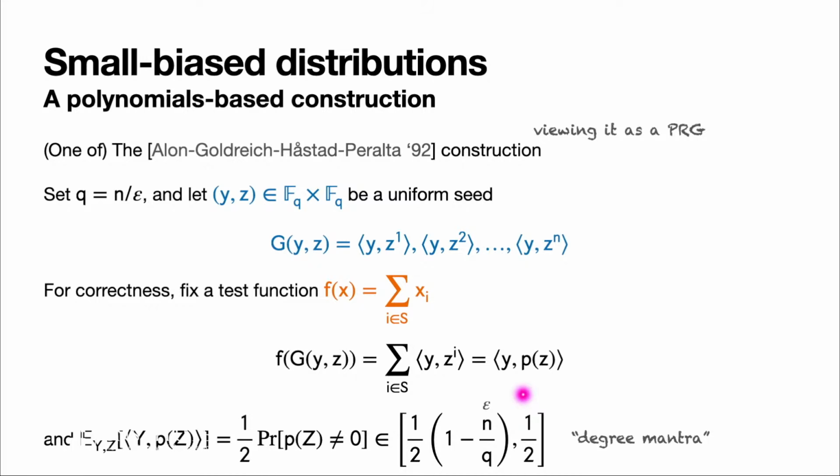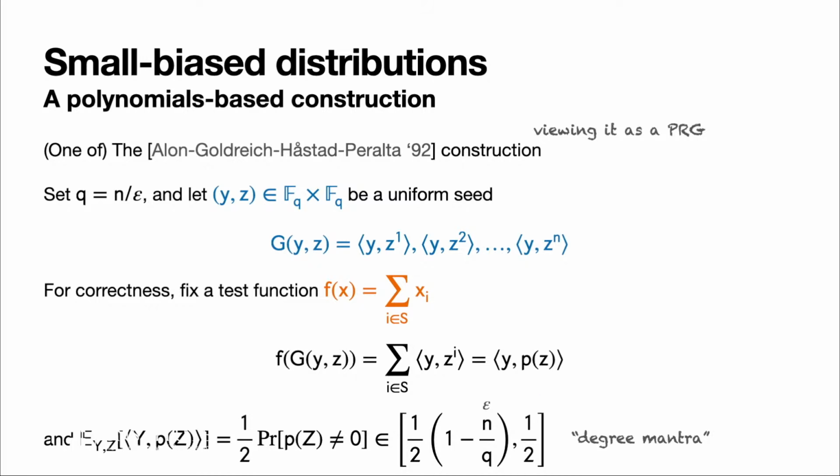It's exactly half, right? If the second argument is fixed, and you ask what's the expectation of the inner product between a uniform y and something fixed, it's exactly half.